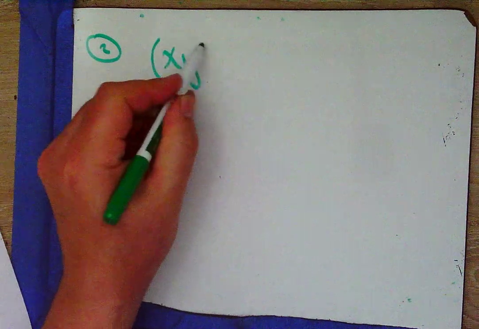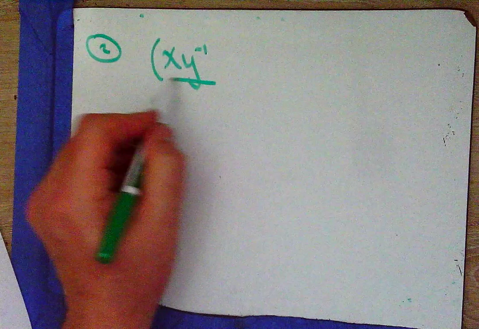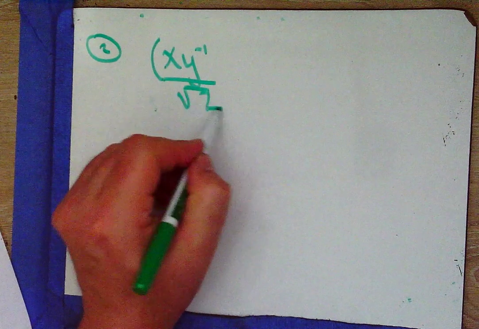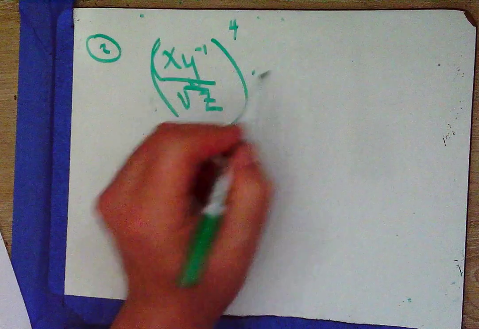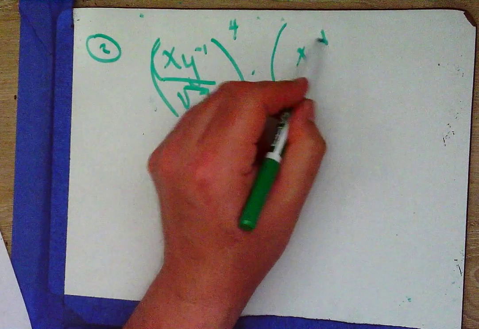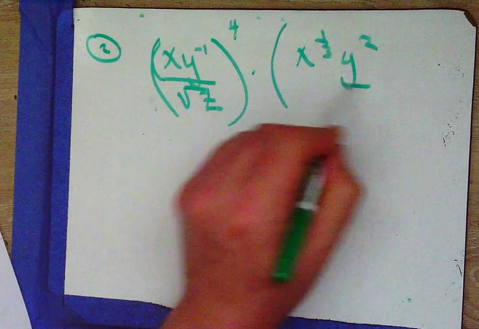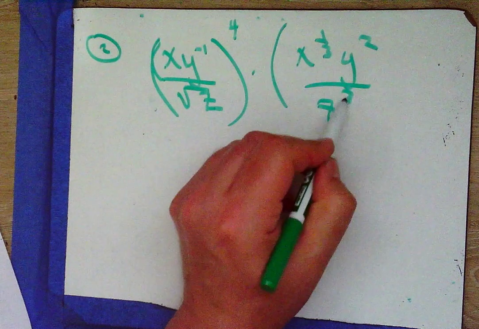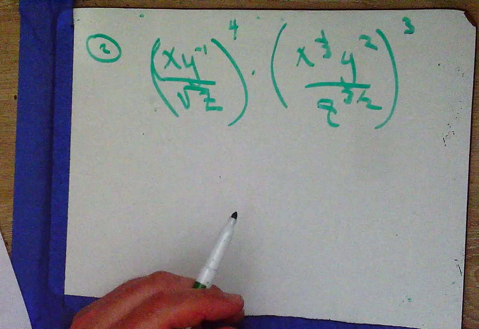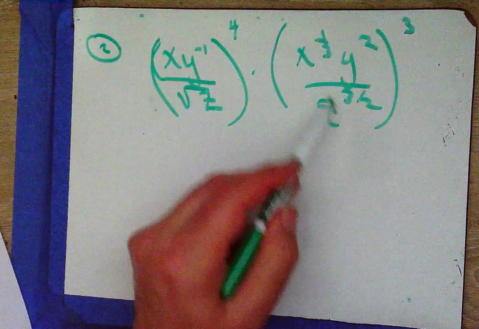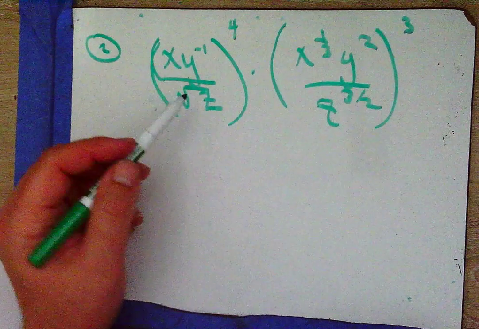Okay. Number 2. Number 2 says x y to the negative 1 over square root of z to the fourth times x to the 1/3 y squared over z to the 3/2 cubed. Okay. Even before I apply this exponent, because I don't see any pluses or minuses, I can do that.